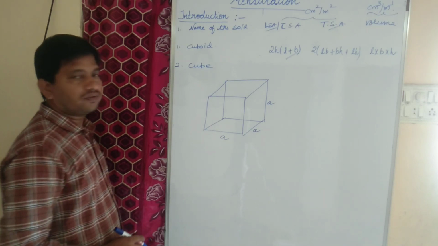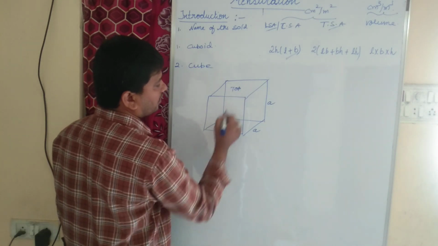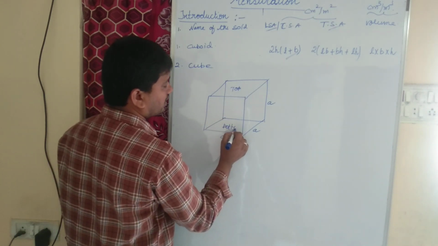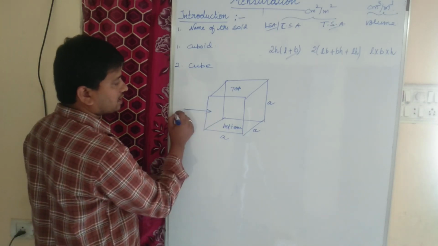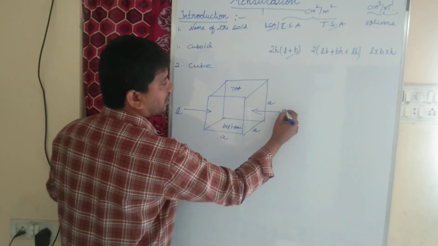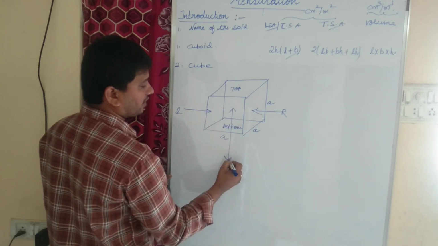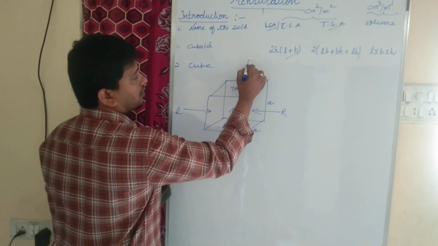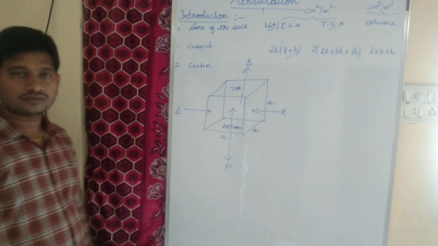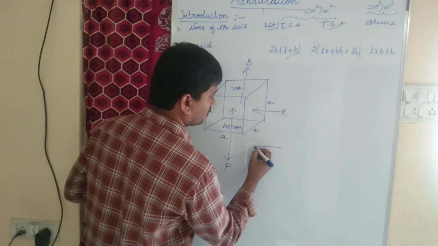Again, we need to find the lateral surface area, except the top face and bottom face. So the remaining four faces: left face, right face, front face and back face. All four faces are made up of squares only.